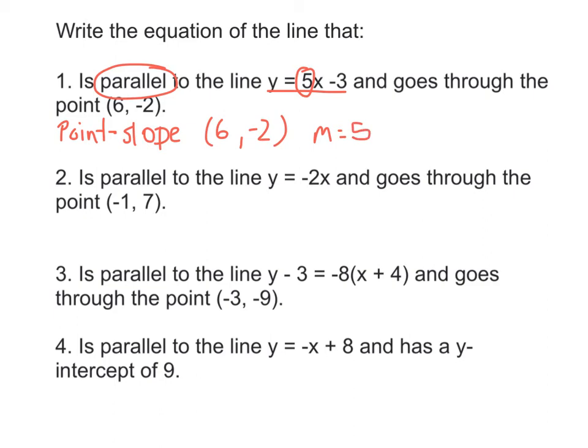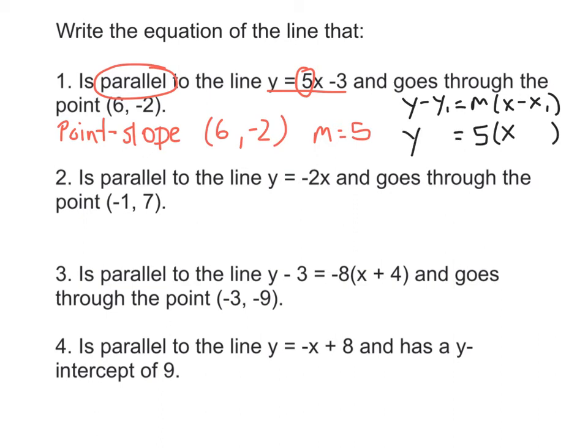So now we're going to go ahead and write our equation. We're going to use point-slope form. Remember, y - y1 = m(x - x1). I'm going to put my slope in for m right there. We need the parentheses here, and we need the y out here.